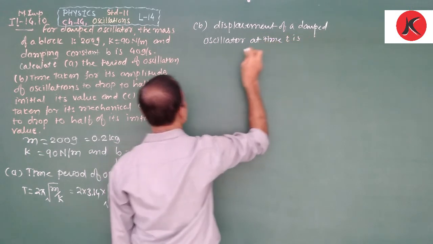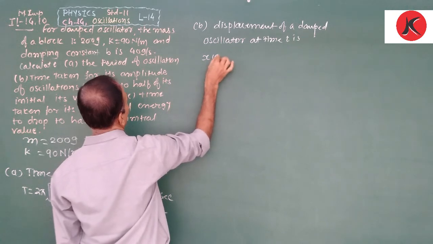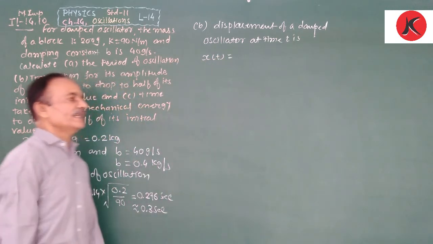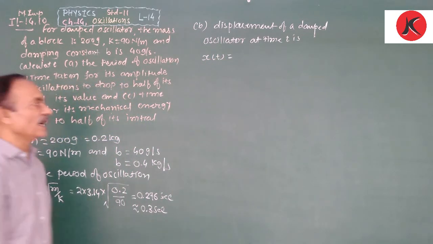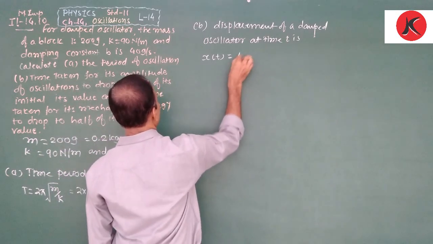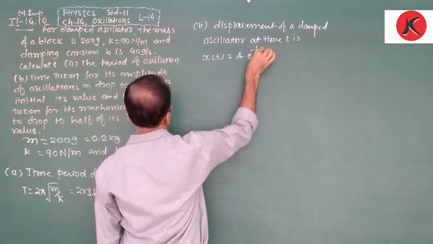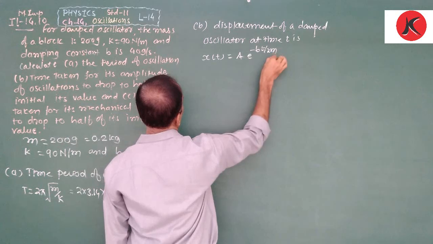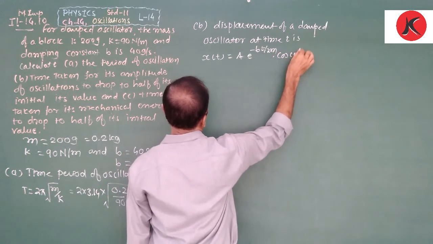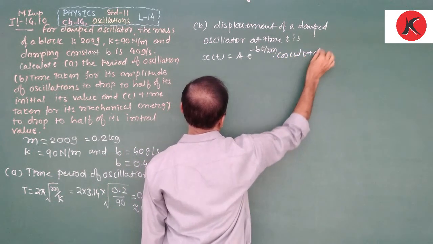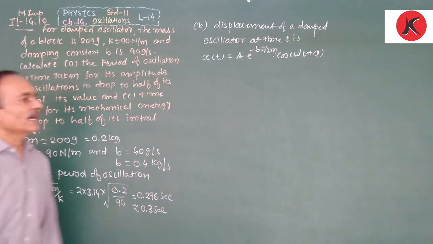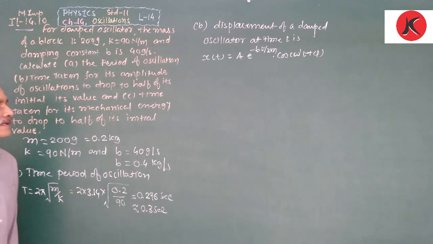The displacement x(t) is, we know the equation A cos(omega t plus phi), but here it is A e to the power minus bt upon 2m into cos(omega dash t plus phi).